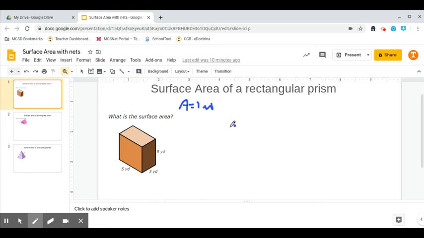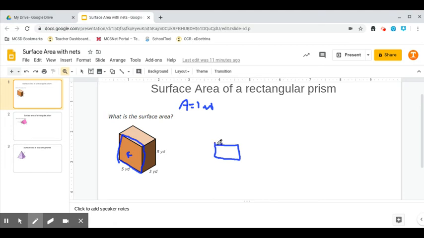Okay, so we're going to make a net for this. A net is basically unfolding it. So I'm going to look at this right here and call this the front of my box. So I'll draw a little net here. That's my front. Okay, if I look down underneath, the front is connected to the back.